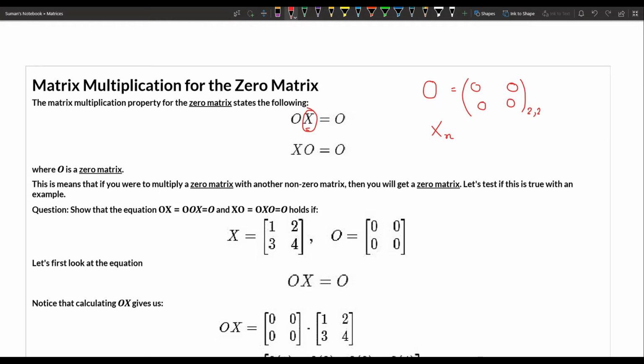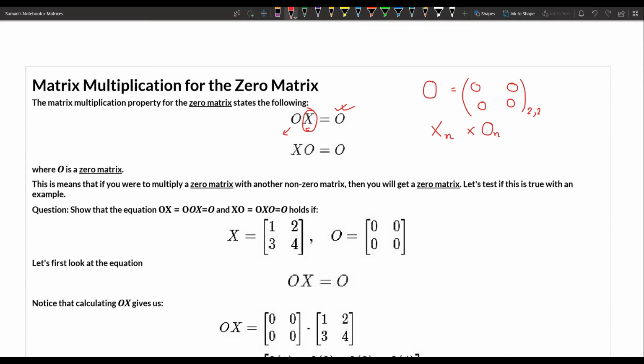Then we can multiply the null matrix, also of the same order, with it. If the null matrix is on the left hand side, null matrix into the matrix X, it gives us a null matrix as the result.